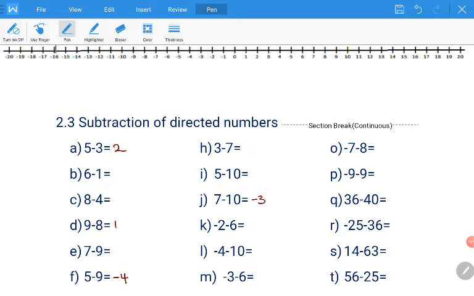We go to -4, then we move 10 places to the left. 1, 2, 3, 4, 5, 6, 7, 8, 9, 10. So our answer here is -14.